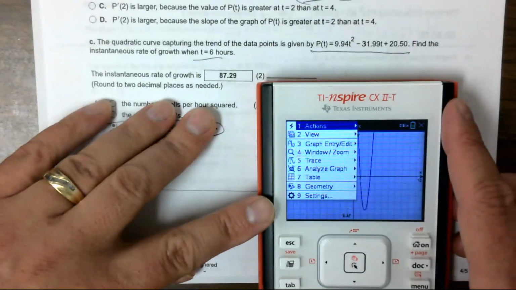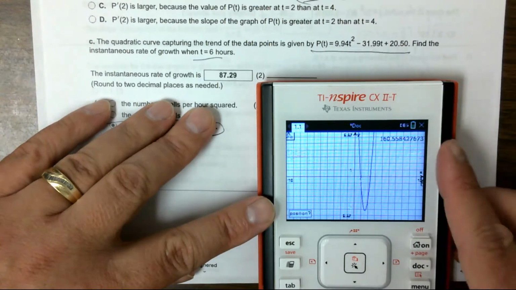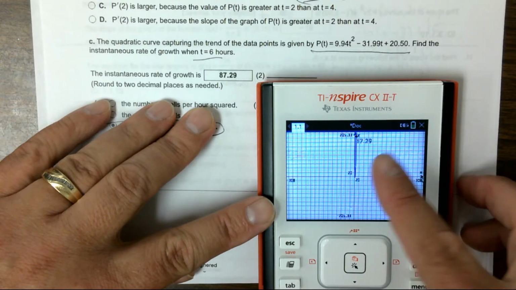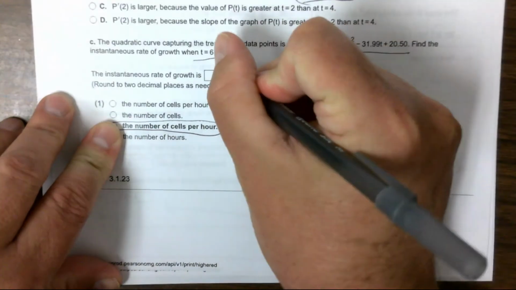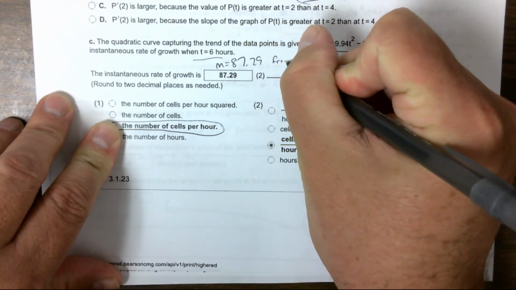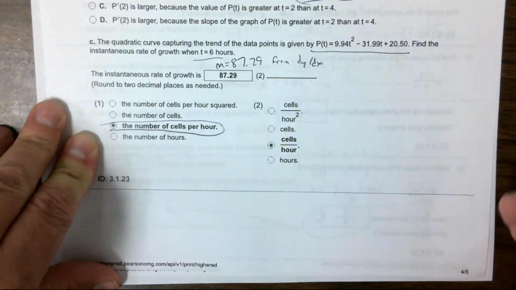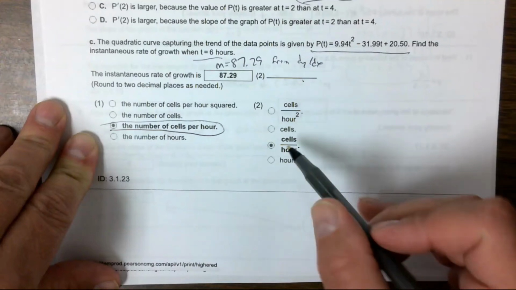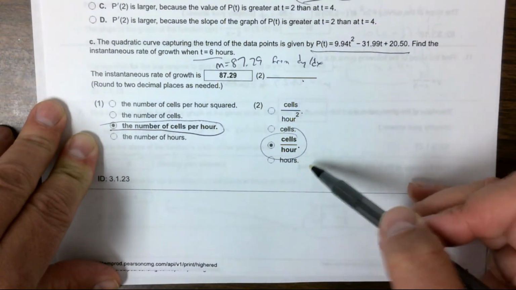Menu, analyze, dy dx, position 6, gives us 87.29. So you do this the same way as before from dy dx. And it wants the unit, which would be cells per hour. Not squared, not just cells, not just hours.